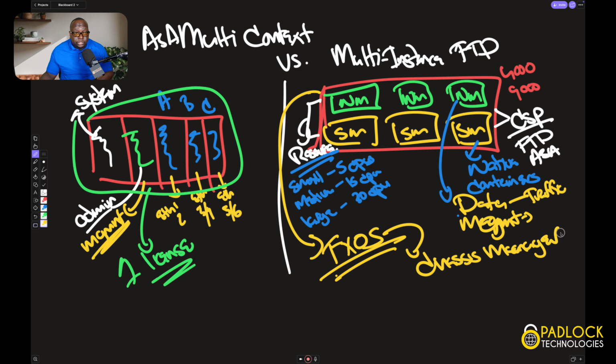So the chassis manager is something you also have to make sure is running the right code for whatever module or model of FTD you're trying to run. You have to look up what FXOS code is compatible with the FTD that you're trying to run. You have to run it based on those recommendations, because you can run into problems if you have outdated FXOS code with the newest model of FTD.